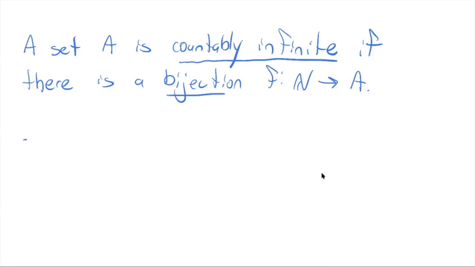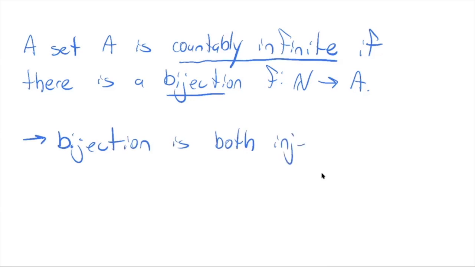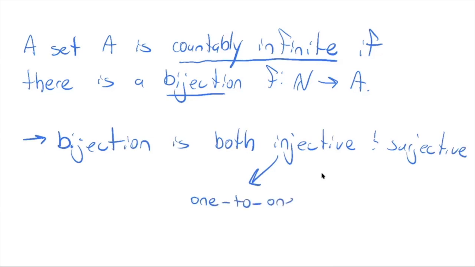In this definition, just recall that a bijection is a function which is both injective and surjective. Injective means one-to-one: each element gets mapped to a unique output.